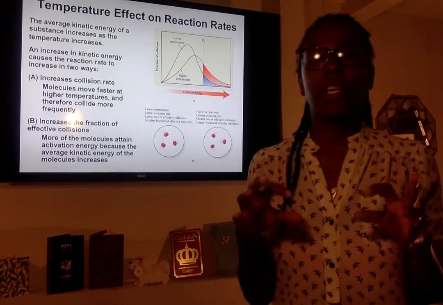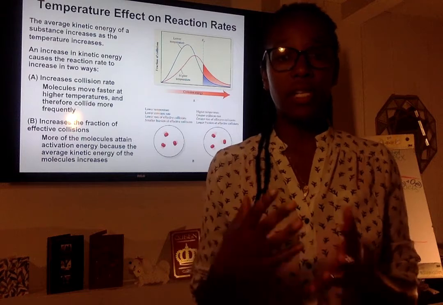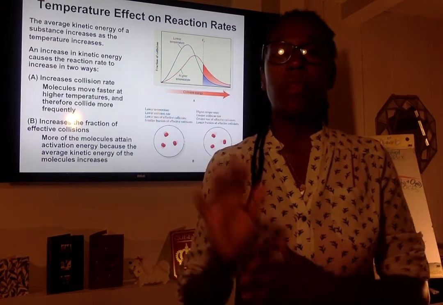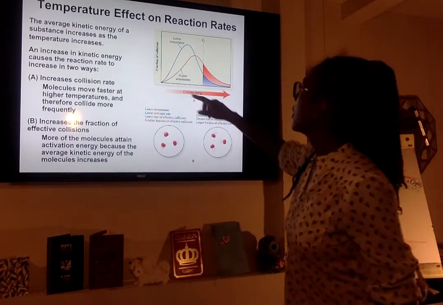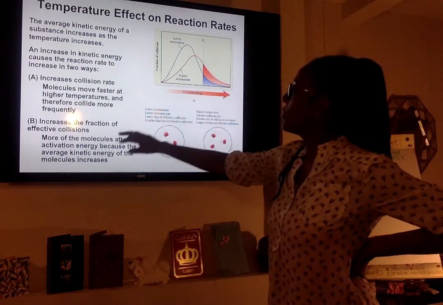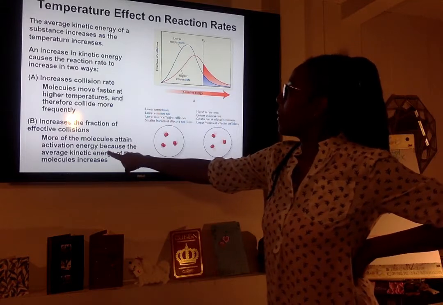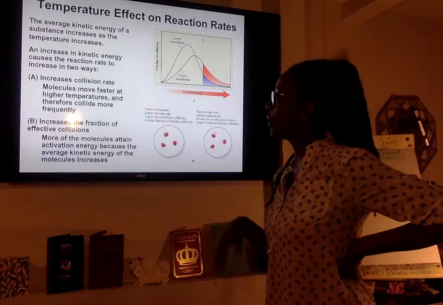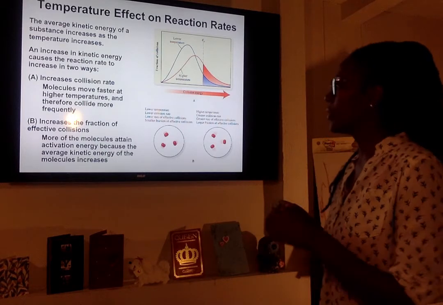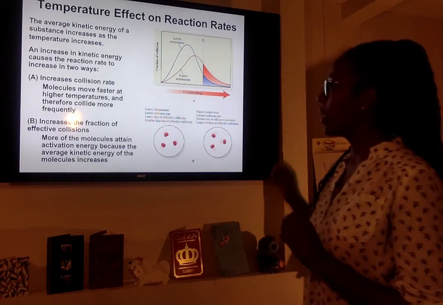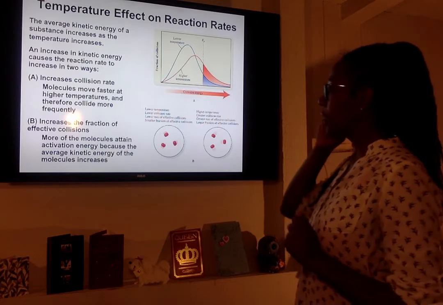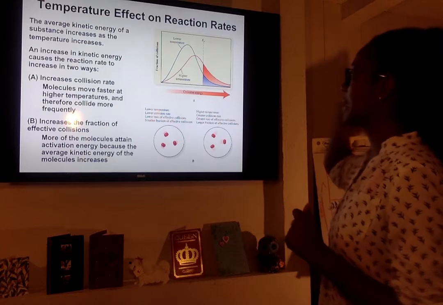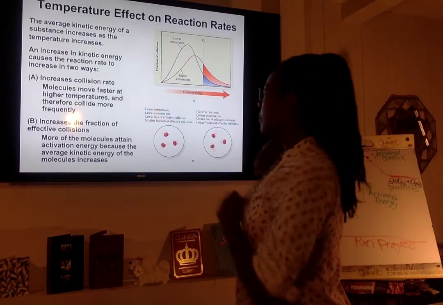So they are able to get more energy for the reaction to take place. Remember, the activation energy is the barrier that they need to get through. So this is saying that if you increase the fraction of effective collisions, more molecules attain the activation energy, because the kinetic energy of the molecules increases.